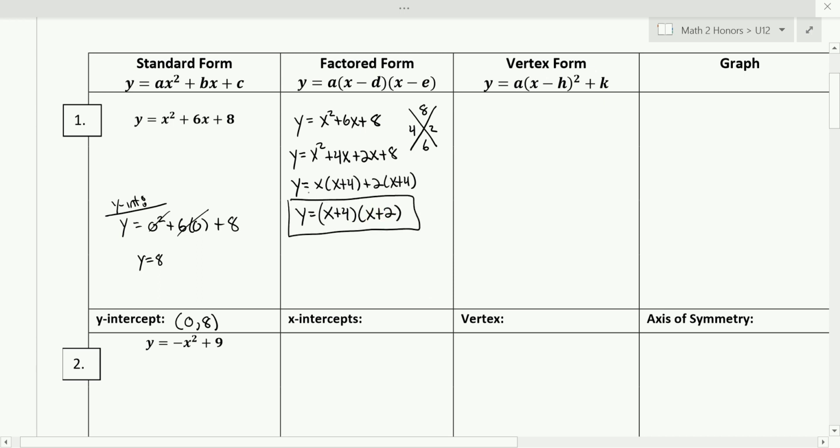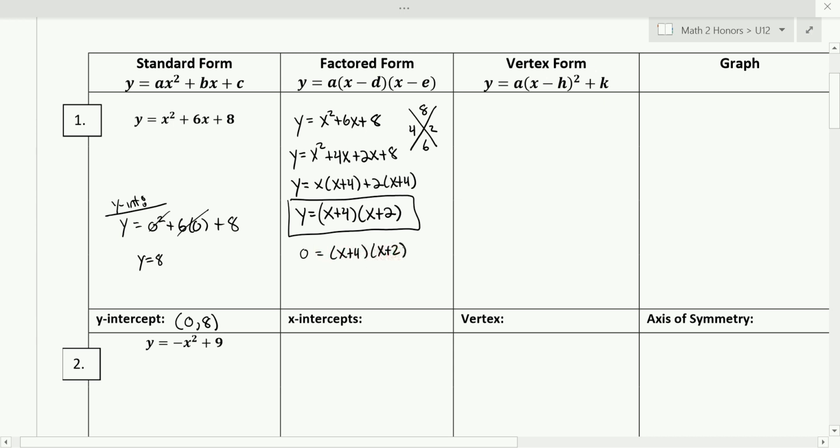So we have factored form, we have our y-intercept. If it's in factored form, the power of factored form is to get your x-intercepts. Because how do you find x-intercepts? Set y equal to 0 and solve for x. And if it's already factored for us, I get 0 equals x plus 4 times x plus 2.